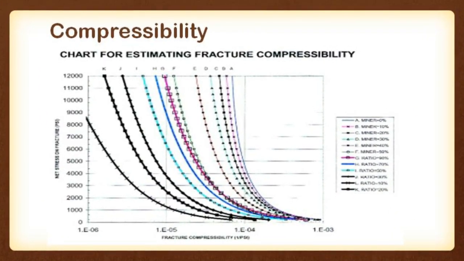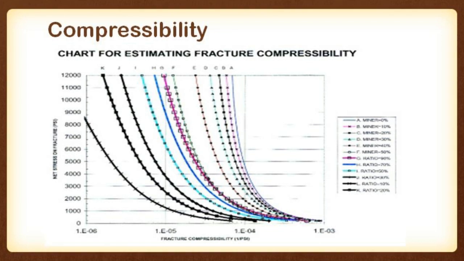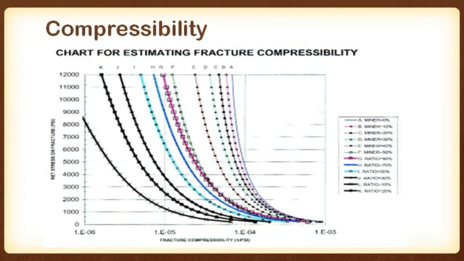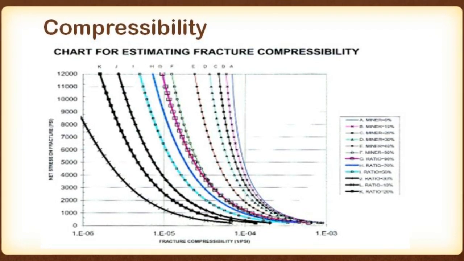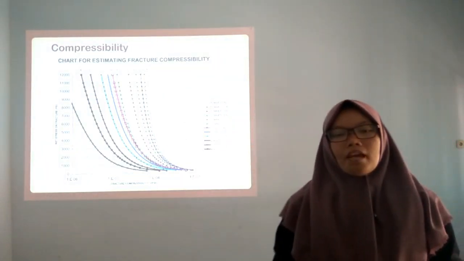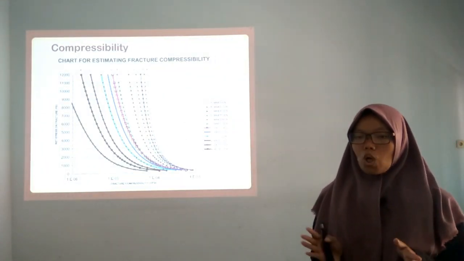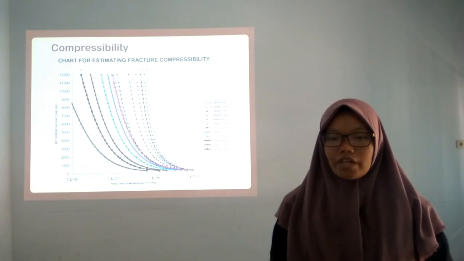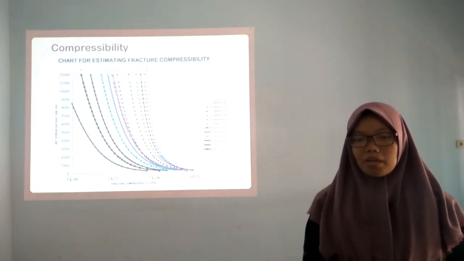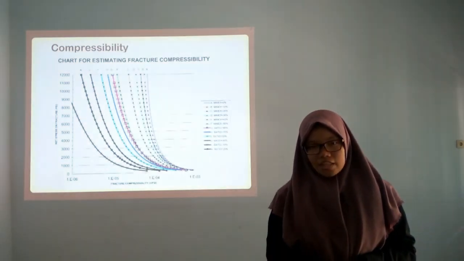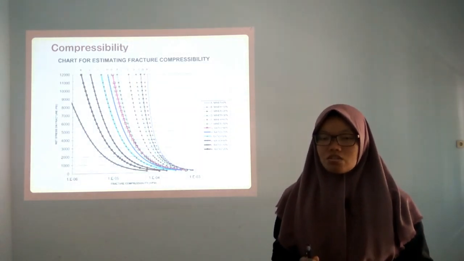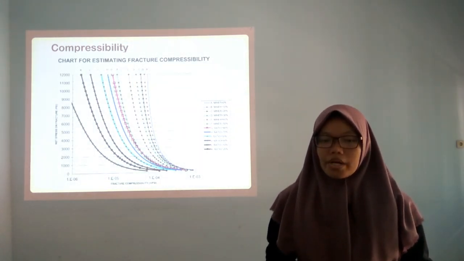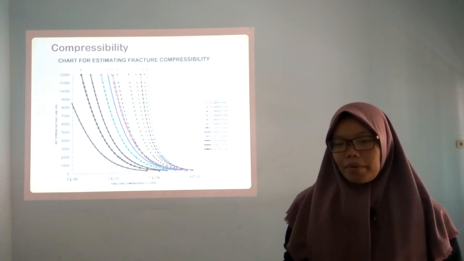First, compressibility. If the reservoir is compressed by matrix and fracture, the compressibility of the fracture is bigger than the compressibility of the matrix. The relative difference between the two compressibilities depends on various factors, including the amount of secondary mineralization within the fracture, the orientation of the fracture and in situ stress, and if the reservoir is over pressure, normally pressure, or under pressure.